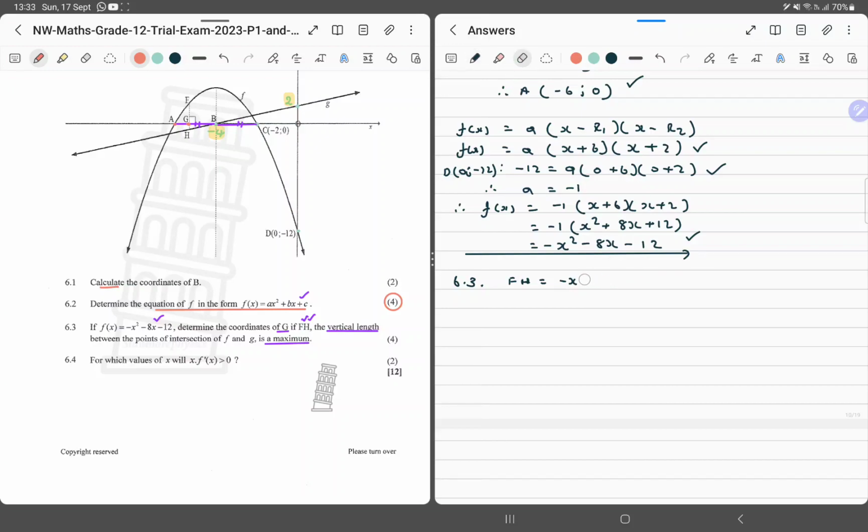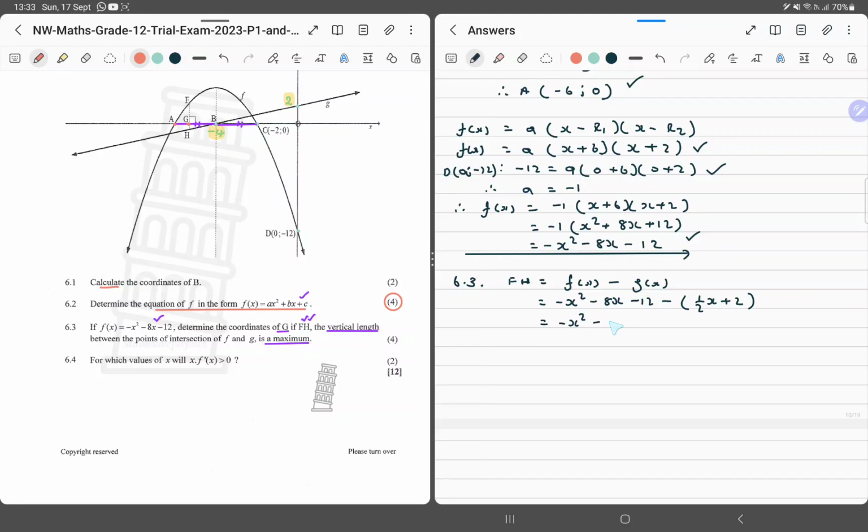FH is the parabola, which is minus x squared minus 8x minus 12. Okay, maybe let's do this. This is f of x minus g of x. Is it not so? Yes, because FH is basically the vertical distance. So the parabola is above the straight line. This means it's minus x squared minus 8x minus 12 minus into a half of x plus 2. Now we solve this.